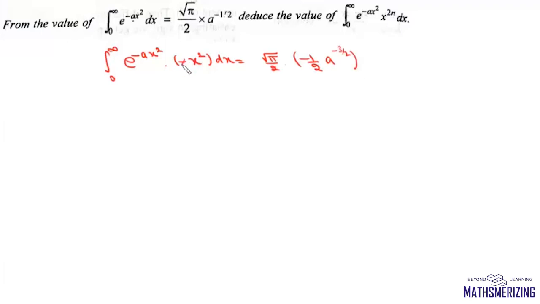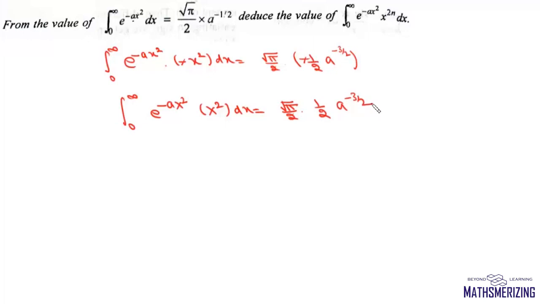Now here minus and minus will cancel, so we write this as 0 to infinite e to the power minus ax square into x square dx. It will be under root pi by 2 into 1 by 2 a to the power minus 3 by 2.